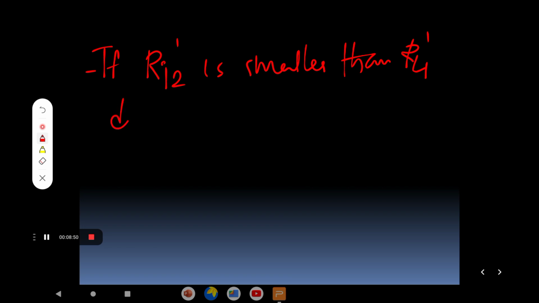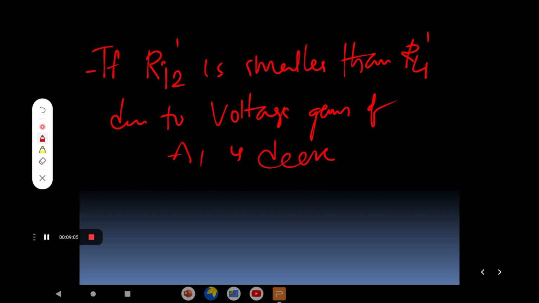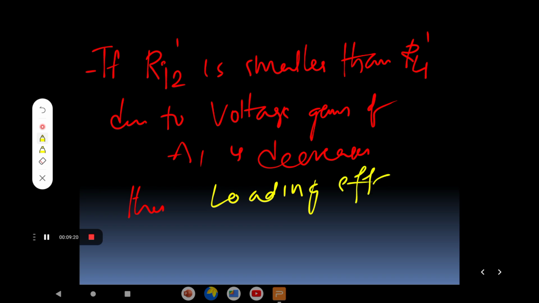Due to this, the voltage gain of A1 decreases. This is generally called the loading effect.